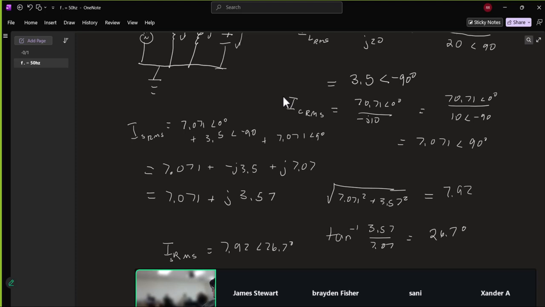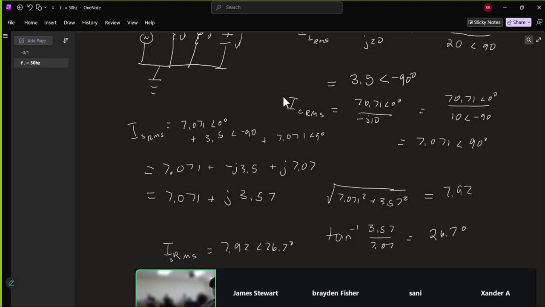How do we determine power supplied or absorbed, like what that means, conceptually? Okay, so power supplied or absorbed. How do you do that for a DC circuit?